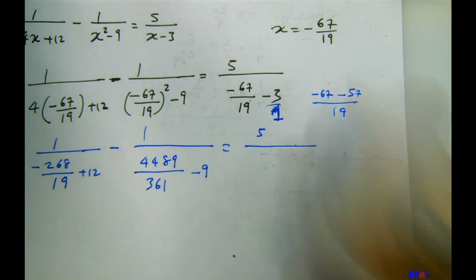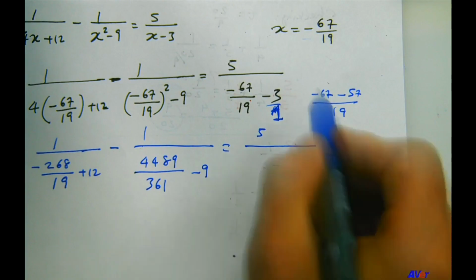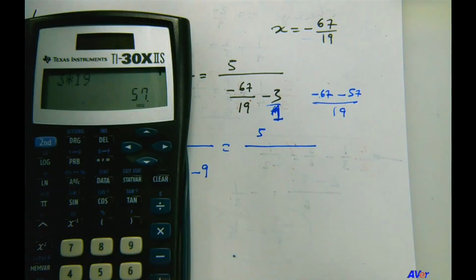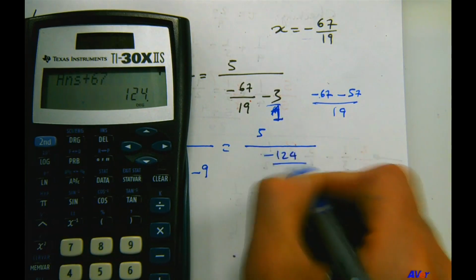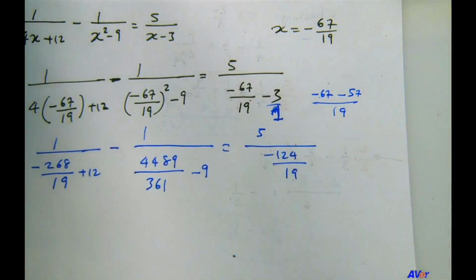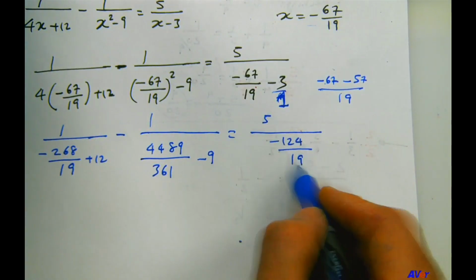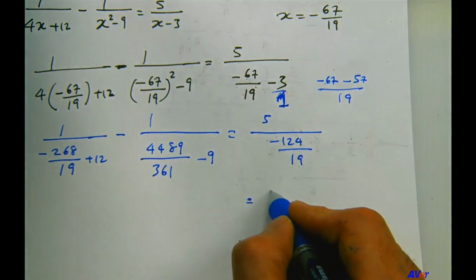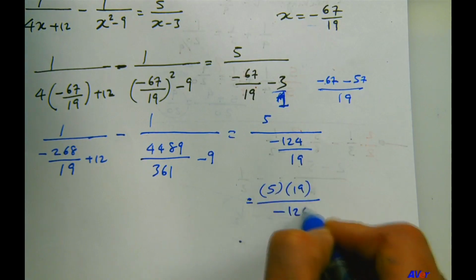So that's minus 57, minus 67. So we end up with minus 67, minus 57 over 19. So 57 plus 67, that's 124, minus 124 over 19. Okay, so in other words, that side is 5 times 19 over minus 124.